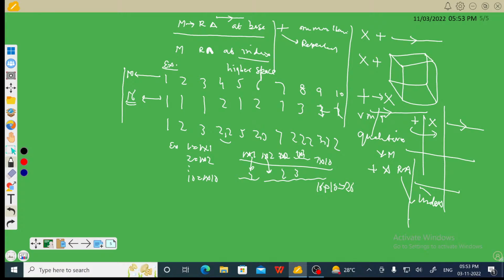Value-wise, we have not changed anything, even if we go to 1 cross 1, 2 as 1 cross 2, and 10 as 1 cross 10. But factor-wise, we have reached from 1 factor to 2 factors, 1 factor to 2 factors, and so on.